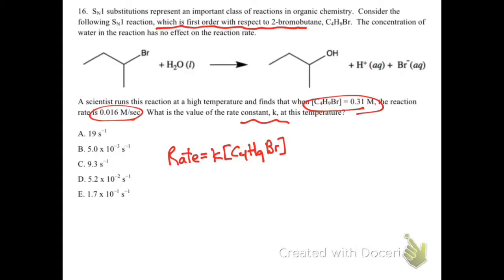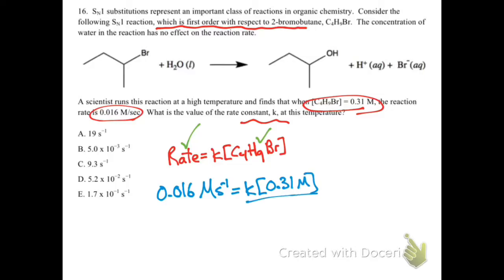Cool. And now, let's see what we have. Do we know a rate? Check. Do we know a concentration? Check. That means we can solve for k, and that's exactly what we're going to do here. So I'll plug in a rate, which is 0.016 molar per second, is equal to k, which is what we're solving for, times the concentration of the C4H9Br, which is 0.31 molar.